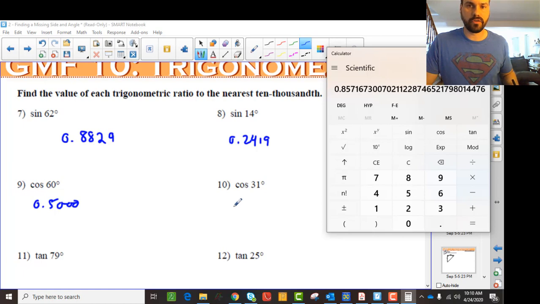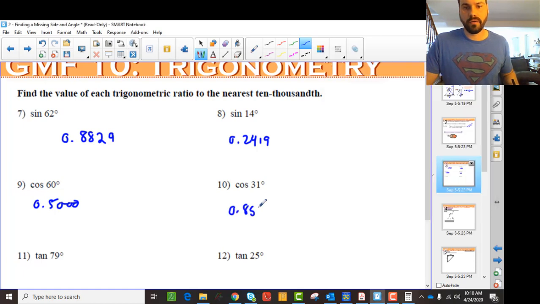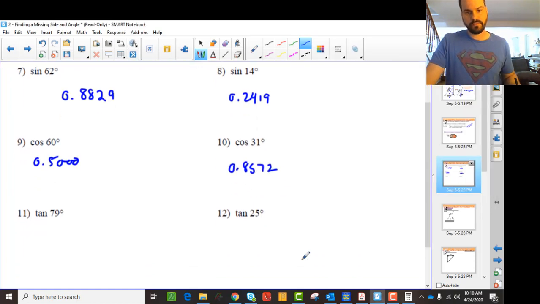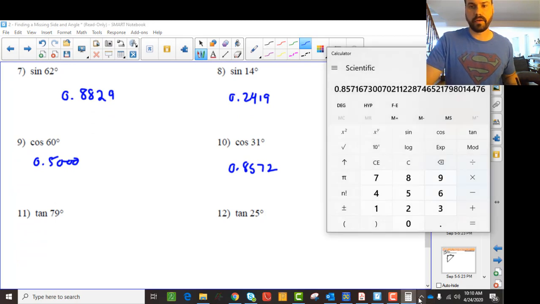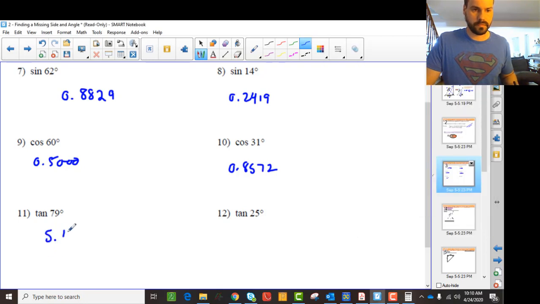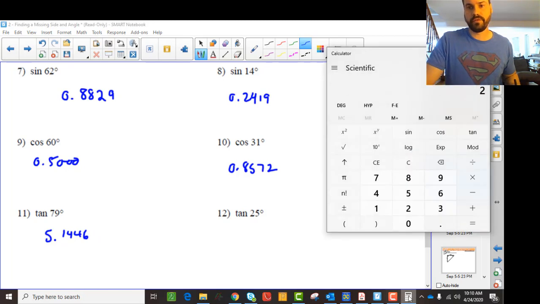Then I'm going to get 0.8572. And then tan, same thing, I'm going to hit 79 and then hit tan, and that's 5.1446. And the tan of 25 is 0.4663.